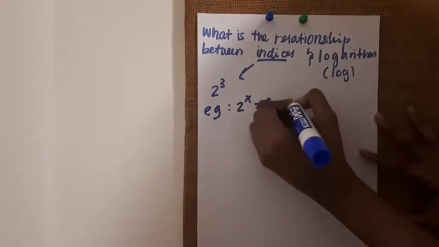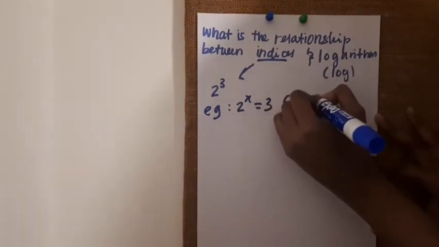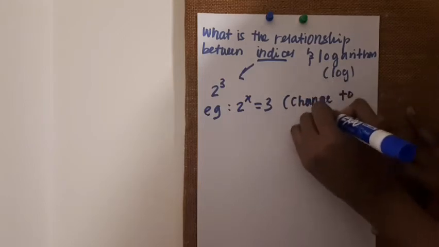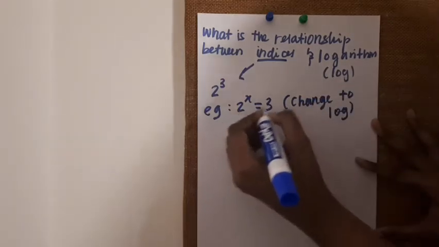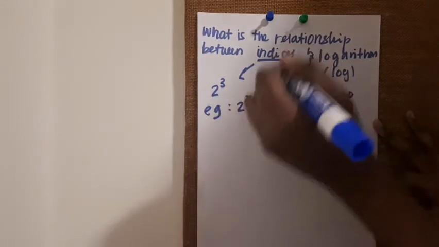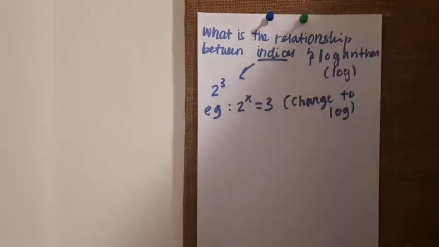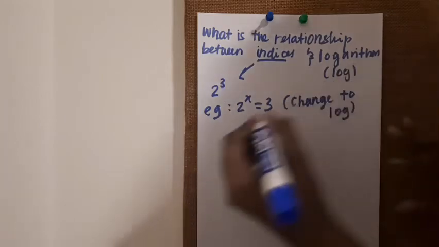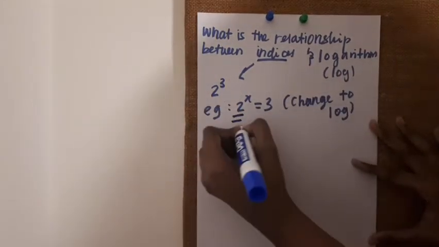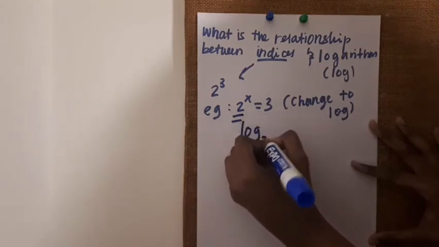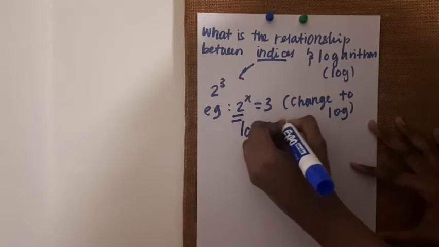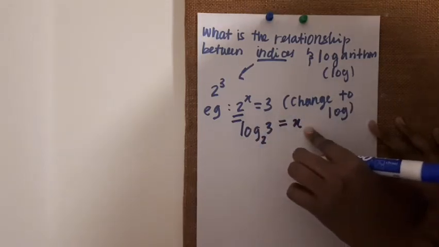You can change this to log by adding log on both sides. Or the simple way of changing this to log is by making this the base of the log, and this is the number, and this is the x.